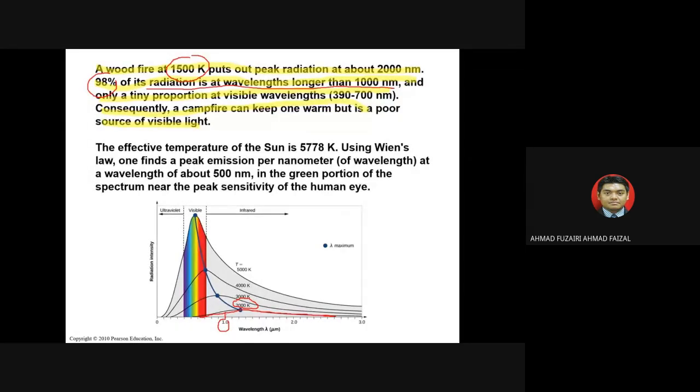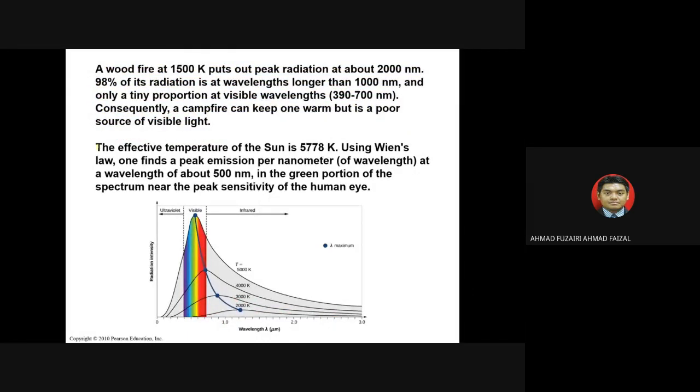So 98%, sorry, 98, not 90, 98% of its radiation is at wavelength longer than 1000 here, and only tiny portion somewhere here at visible wavelength, which is between 390 to 700 nanometer. So that's why consequently a campfire can keep one warm, but it's a poor source of visible light because it only covers a tiny portion of visible light.